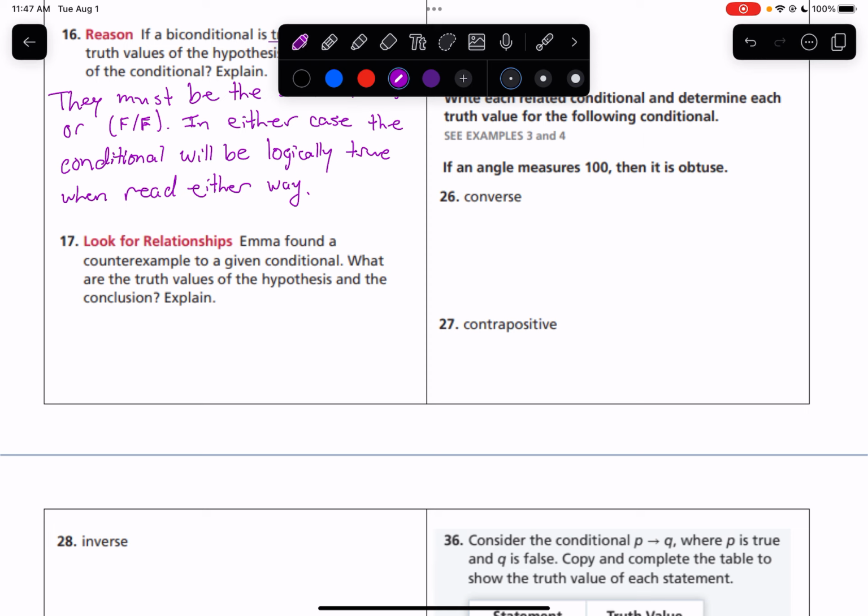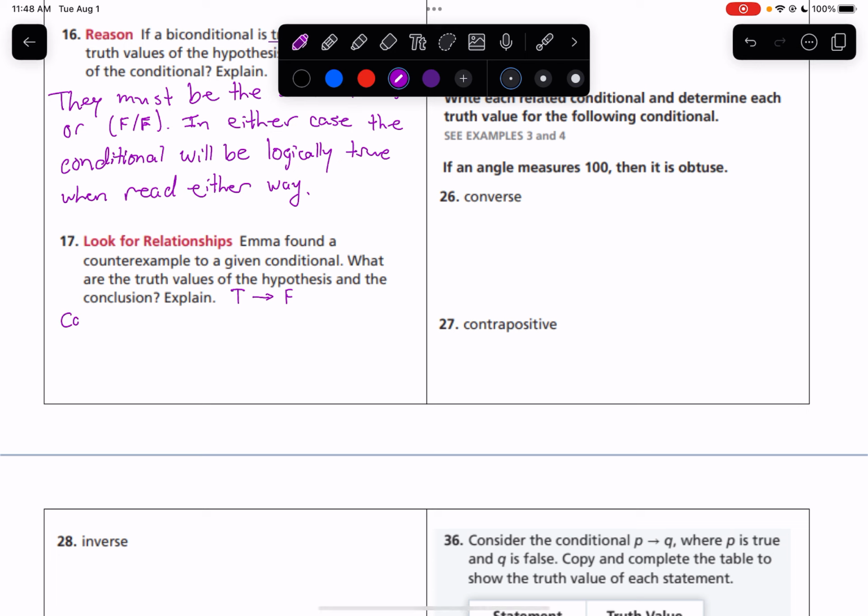What are the truth values of the hypothesis and the conclusion? Well, the only way that the person could find a counterexample is if that conditional was false. Only false conditionals have counterexamples, and the only way for a conditional to be false is if we have a true hypothesis leading to a false conclusion.